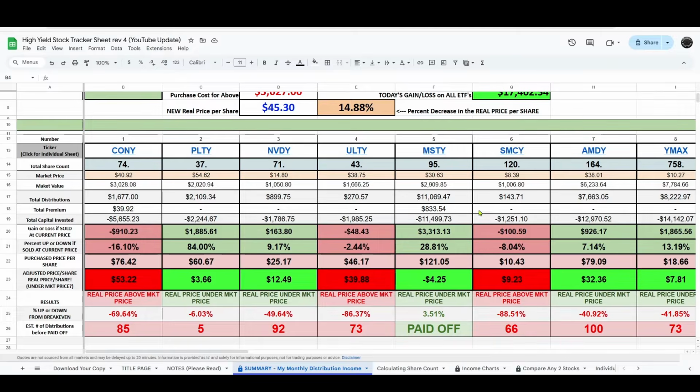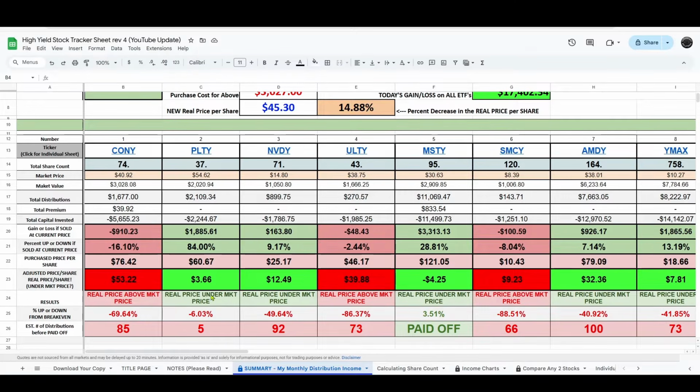And in this spreadsheet, the most important part of it is the adjusted price per share, or what I like to call the real price per share. This number, in my opinion, is the most important number because it takes into account your purchase price per share and your distributions, which is what I'm calling my real price per share.